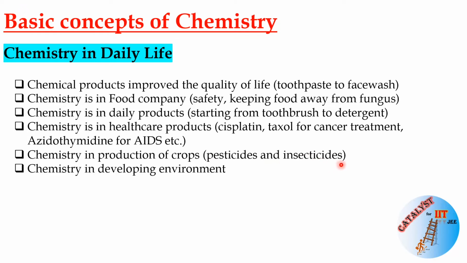These are also chemical molecules. So chemical components help us in production of crops, and chemistry is also there in developing the environment. When you try to improve your environment, you need to use chemistry.